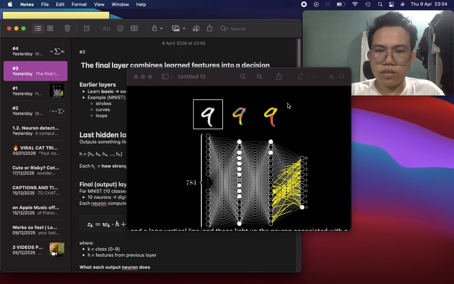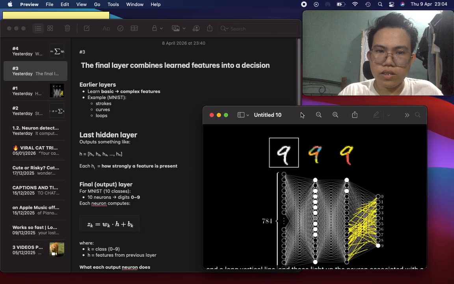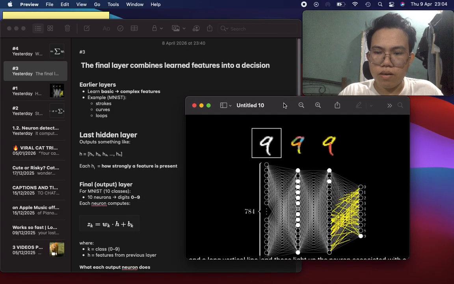So as we discussed the flow of the activations here, we can see the pattern from the first hidden layer up to the last layer. What it does is only combine the patterns.